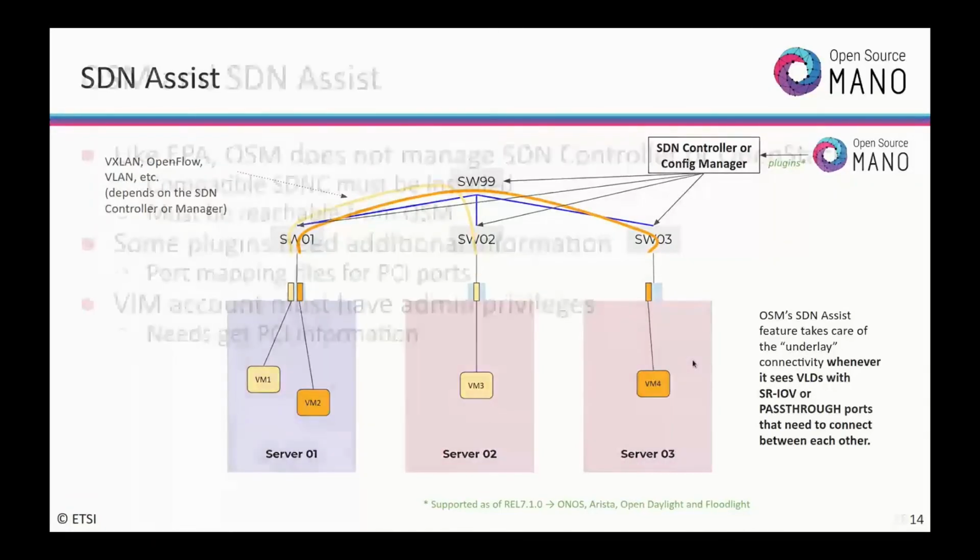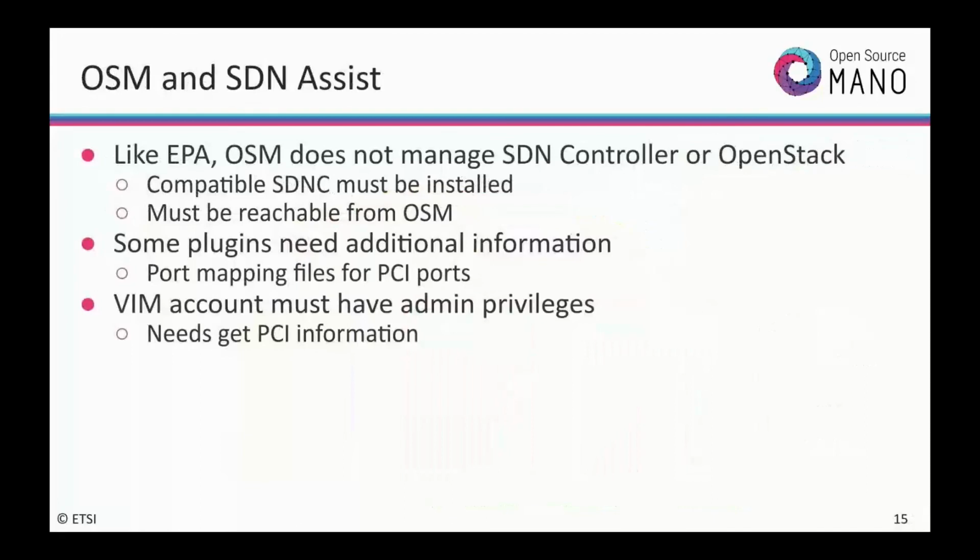Like EPA, OSM doesn't actually manage your SDN controller. You have to have an SDN controller installed, just like you have to have OSM installed. So the SDN controller must be installed. You must have it reachable from OSM. So you're going to need to have credentials and such in order to be able to talk to the SDN controller.